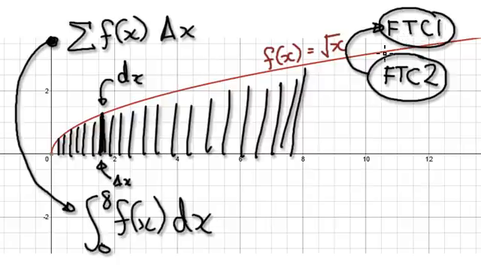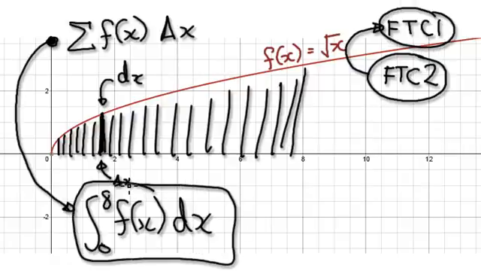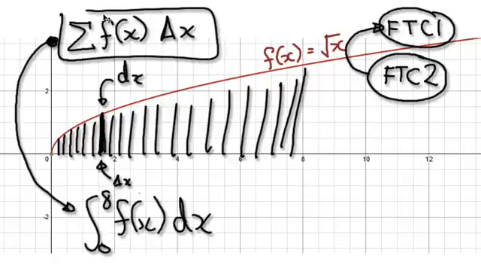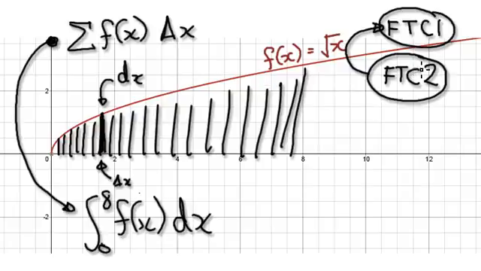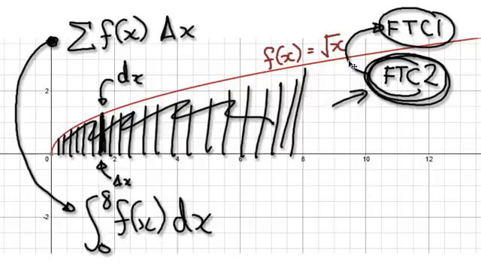And then the fundamental theorem of calculus 1 allows us to use this in order to work out this. But the fundamental theorem of calculus 2 is really, in effect, someone noticing there's a connection between the area underneath a function and the function itself.